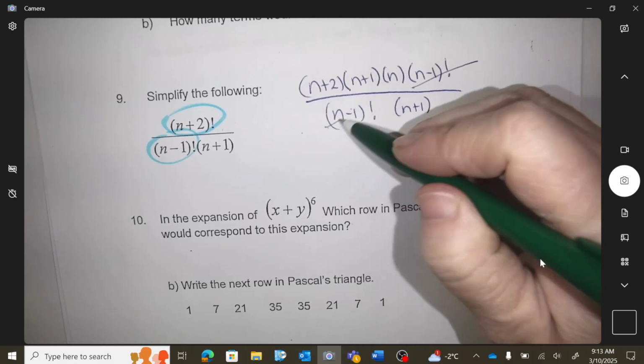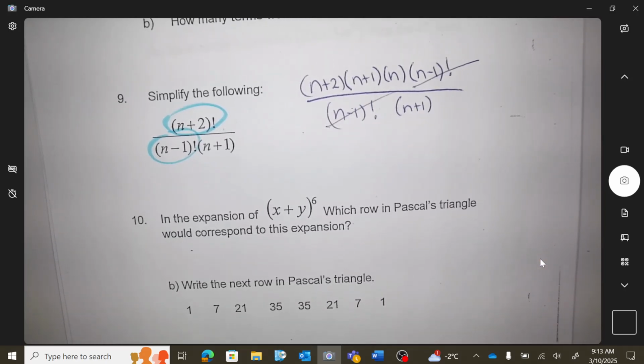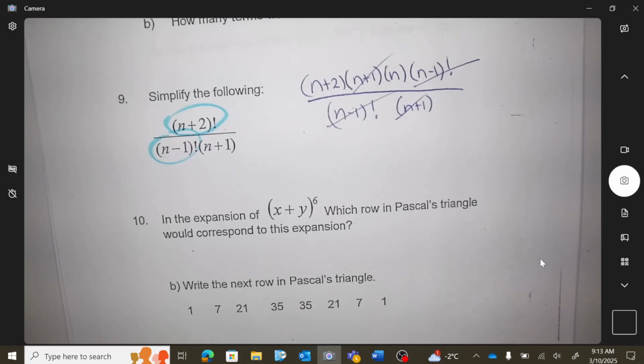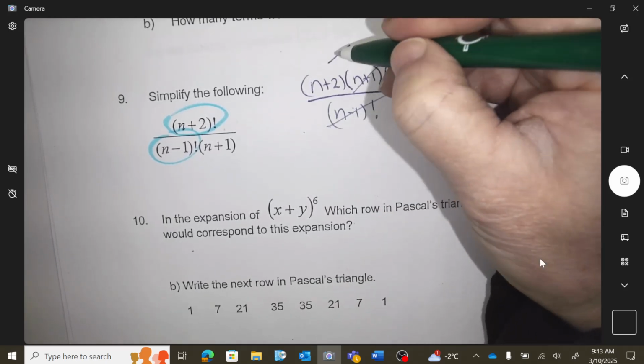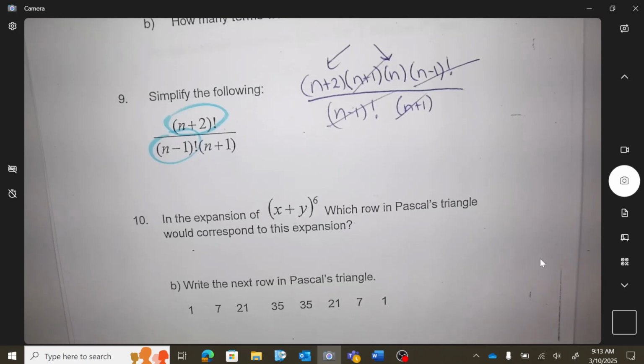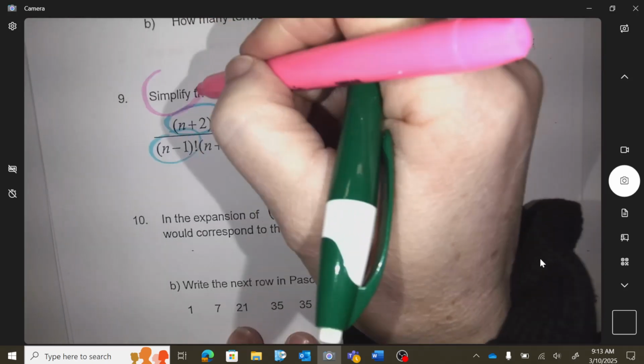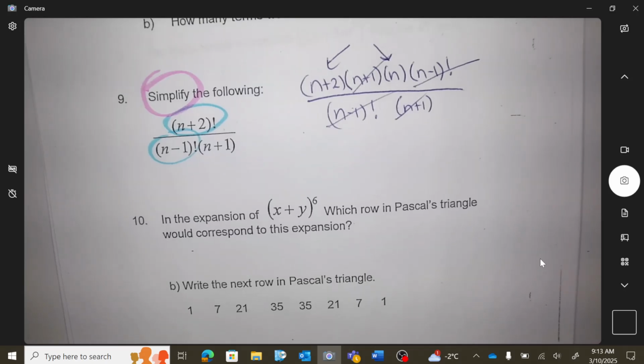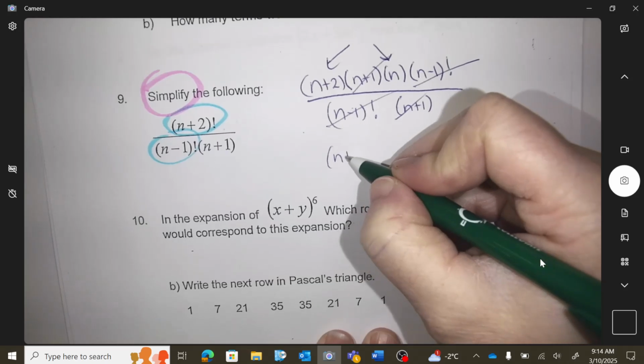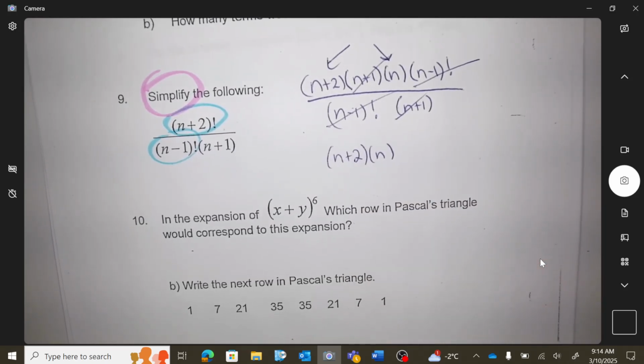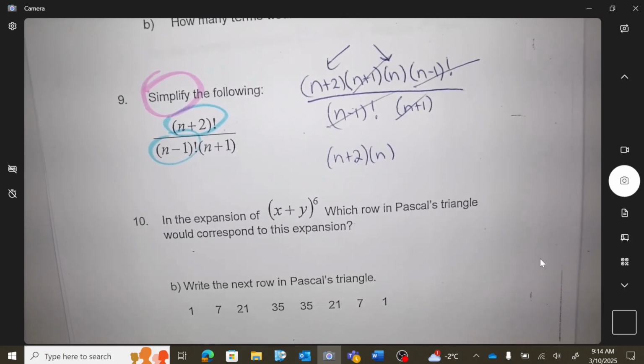All right, so now I'm going to cancel the factorials. I'm going to cancel this single item. And I'm left with this times that. And what do you think the word simplify means? What should I do when I simplify it?